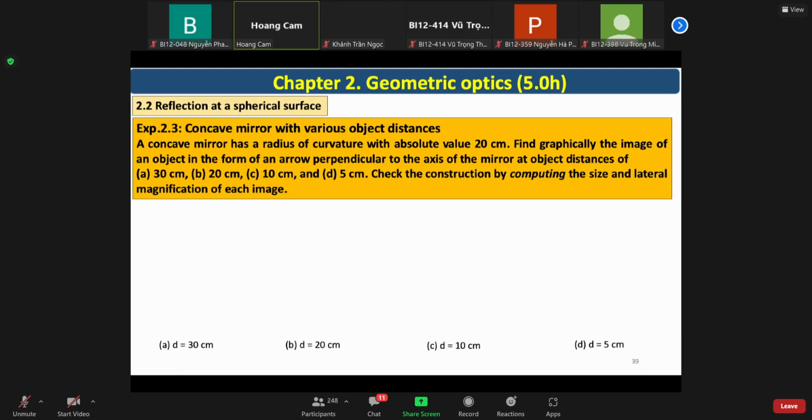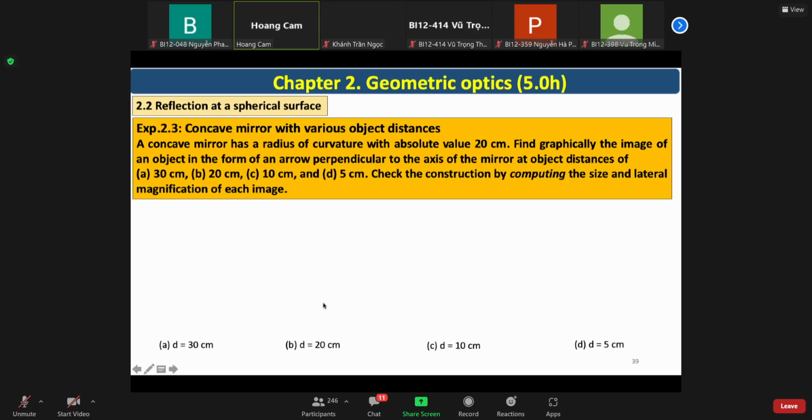And then they also want you to confirm if you did well or not by employing the formulas as well: 1 over S plus 1 over S prime equals 2 over R, or equals 1 over F.